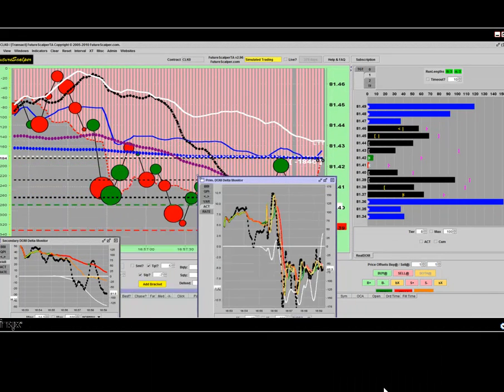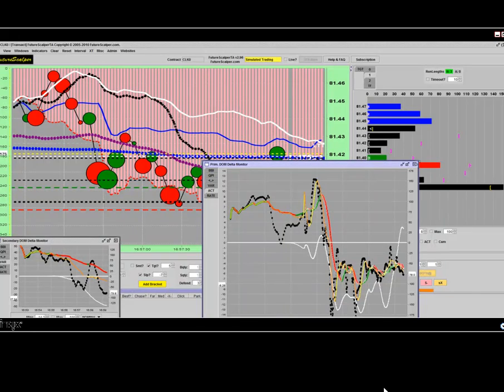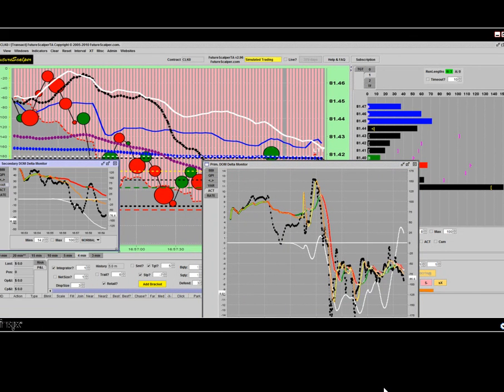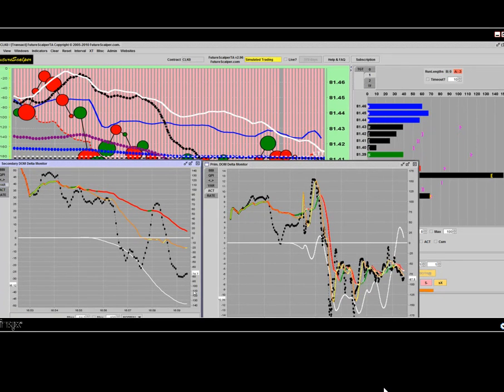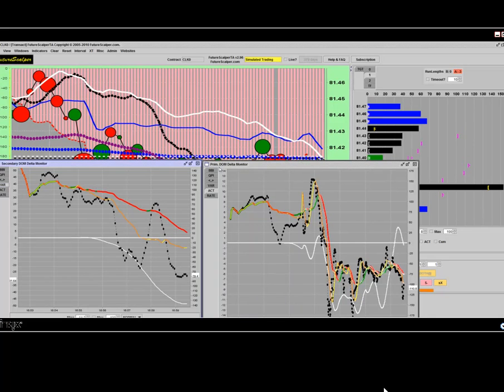Now, the ACT is an indicator based upon spoofing activity. And the VAR is also about spoofing, and it reads the variation of resting bids and offers.